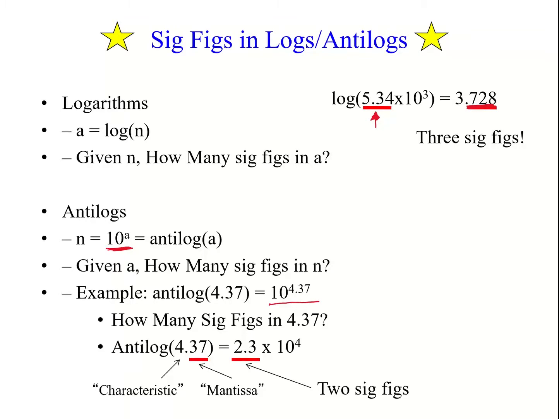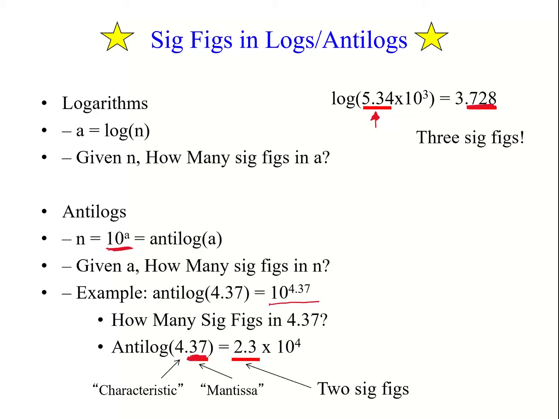So how many sig figs in this number? There are technically 3 significant figures, but again, we'll look at the characteristic and mantissa. So we care about how many decimals this number has. So since it has 2 decimal places, our answer will have 2 significant figures, 2.3 times 10 to the 4th.